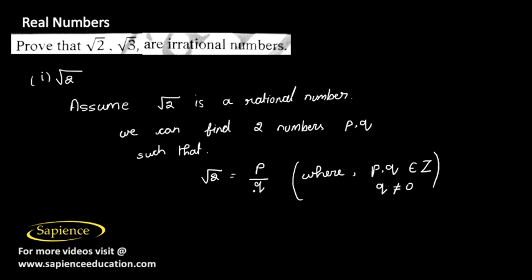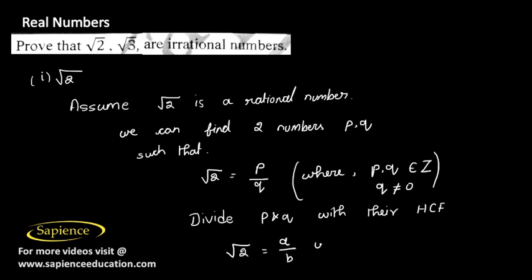So once we have assumed root 2 as a rational number and we wrote it as p by q form, we can now divide it with the HCF of p and q. What happens when we divide p and q with their HCF is they form two different variables a and b, where a and b are co-prime.